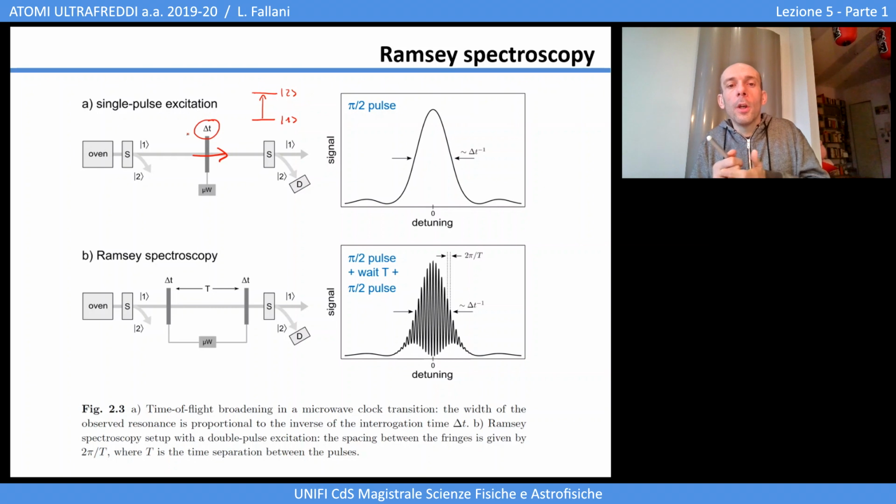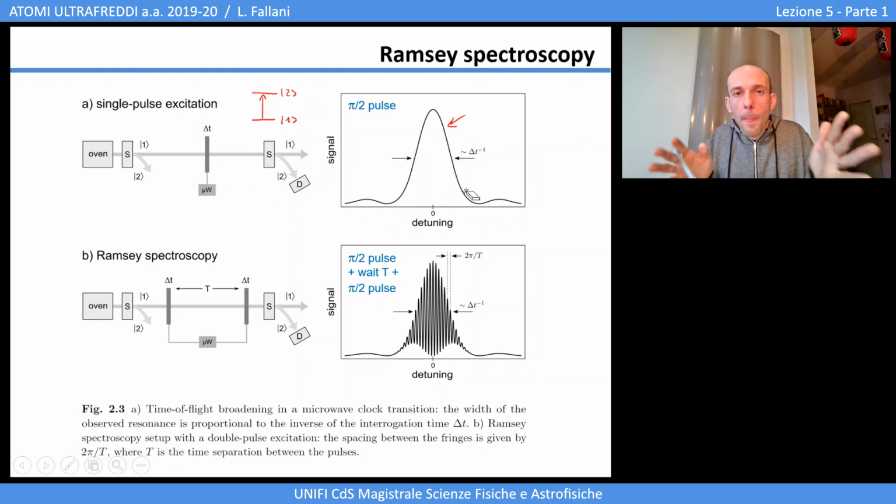If one chooses the power of the microwave in such a way that a pi half pulse is realized during this time, this will be the resulting line shape. In particular, the width of this line profile is given by that time. This is a general result for spectroscopy if you have a finite interrogation time.